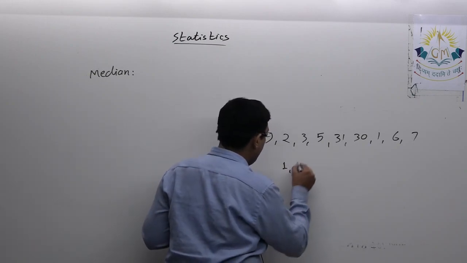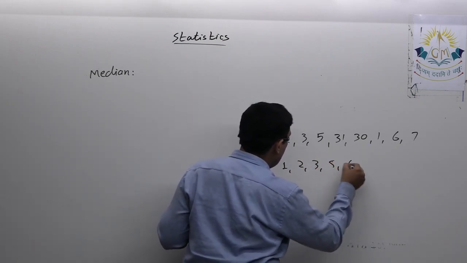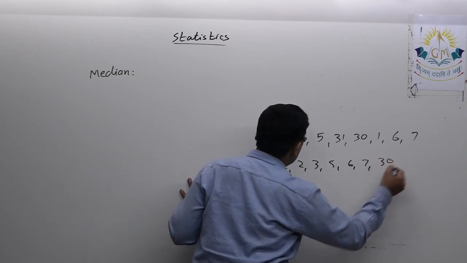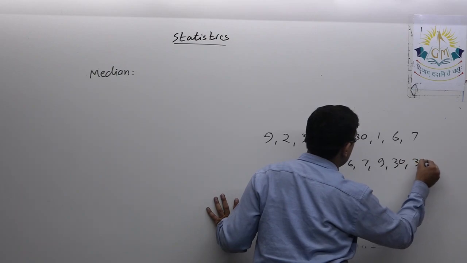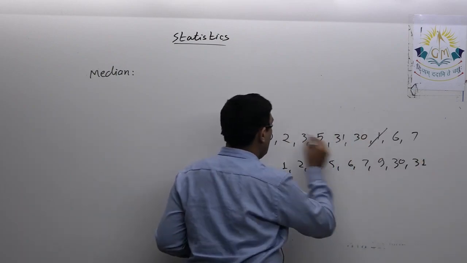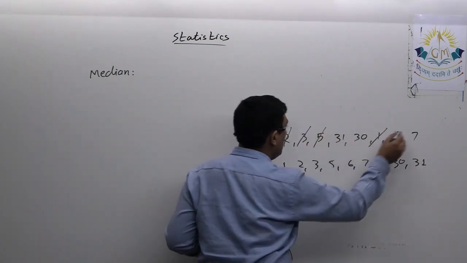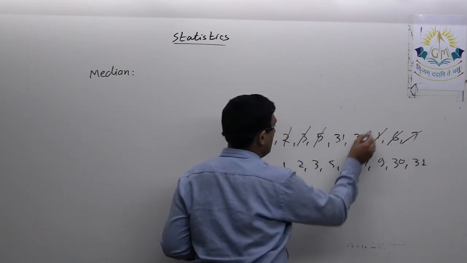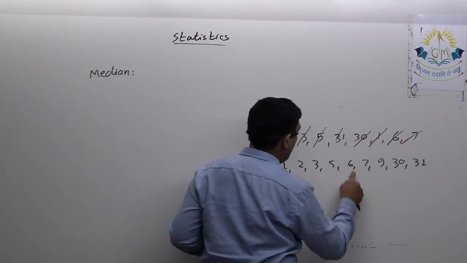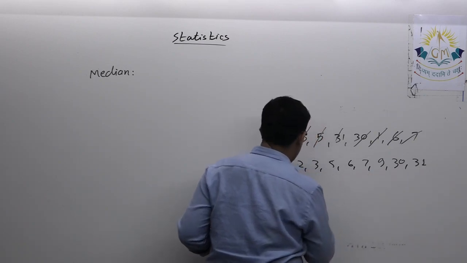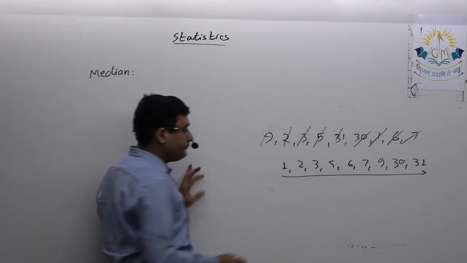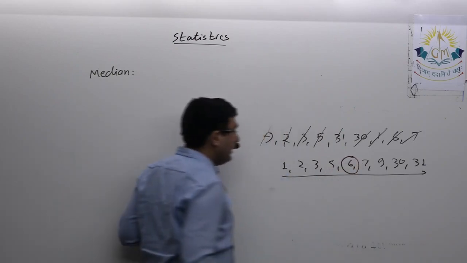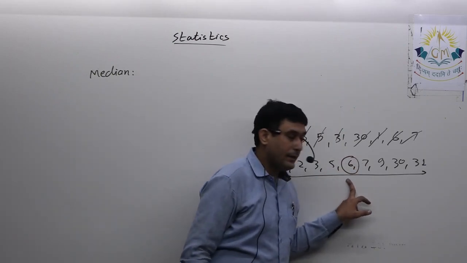So first is 1, then 2, 3, 5, 6, 7, 9, 30 and then 31. Now after arranging the data in increasing order, the middlemost value is the median. So the median of this data is 6.